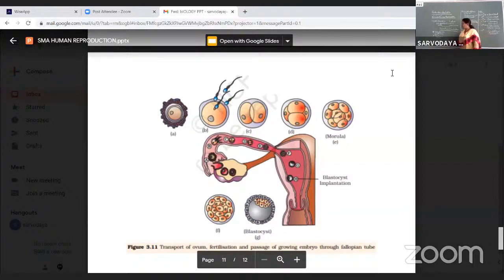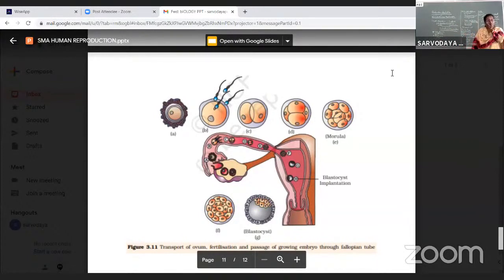But the most important function of oxytocin is that it influences the process of parturition. How does it influence it? It helps in rhythmic contraction and relaxation of the uterus, thus helping in delivery of the baby.